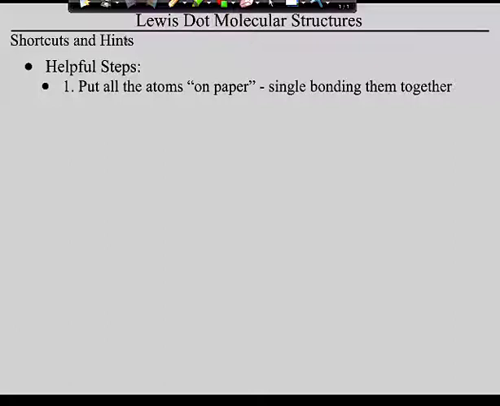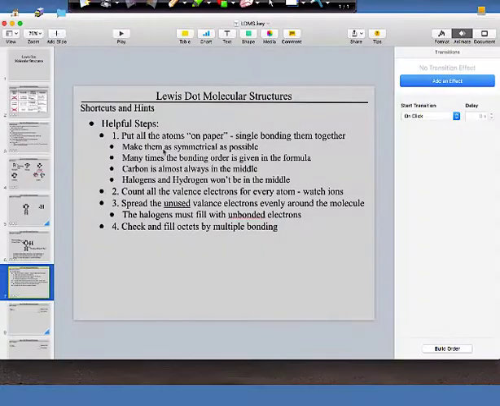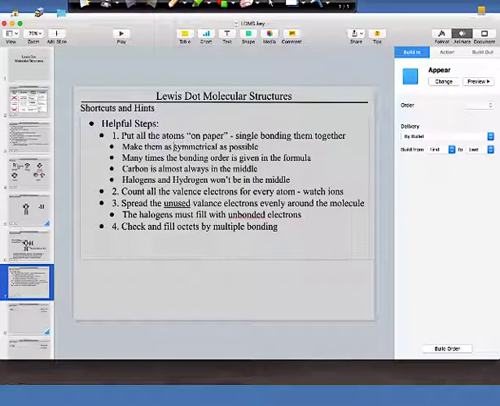Now guys, when you do that, one of the things that you need to be thinking about is make them symmetrical. You may just want to write down the word symmetrical. As a matter of fact, why don't I just write down the word symmetrical?